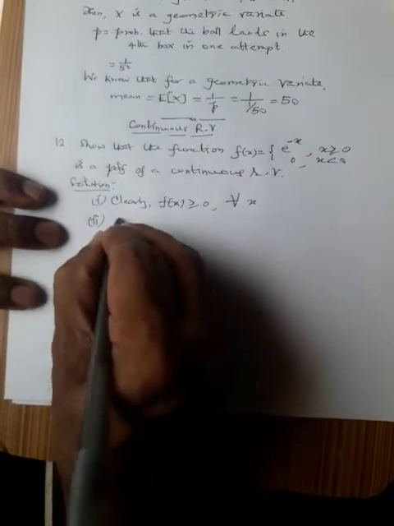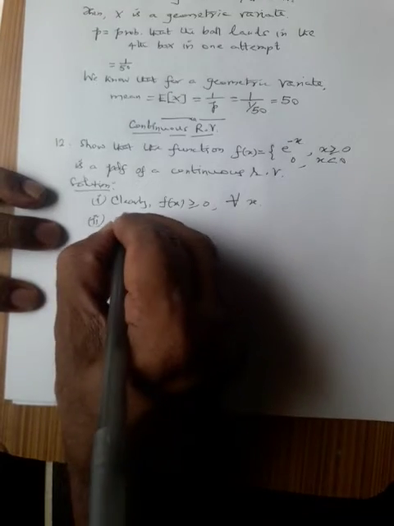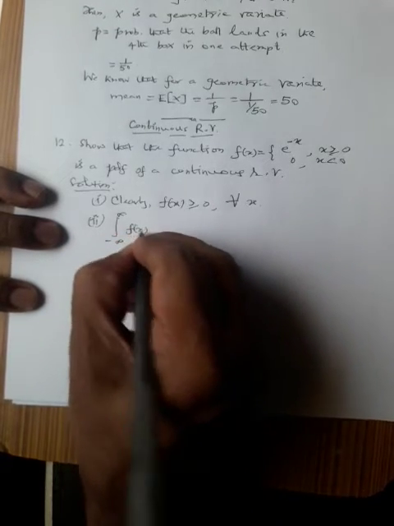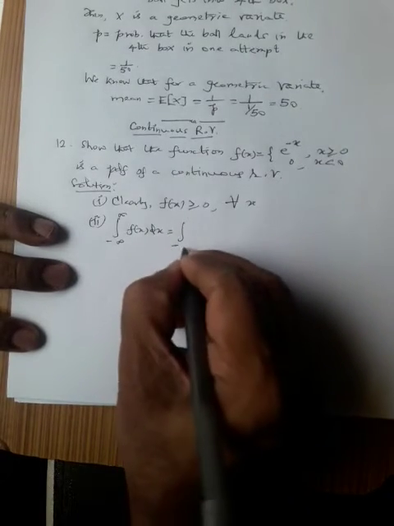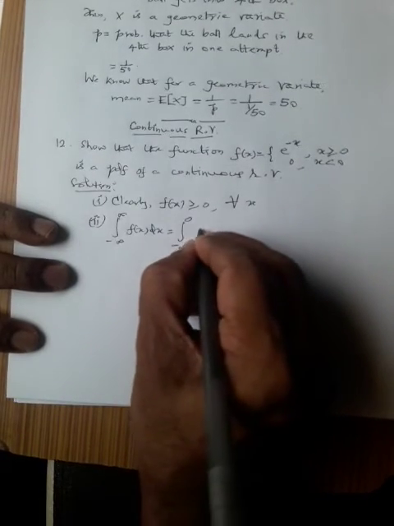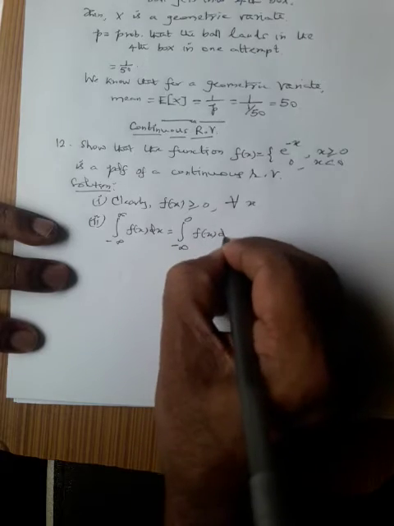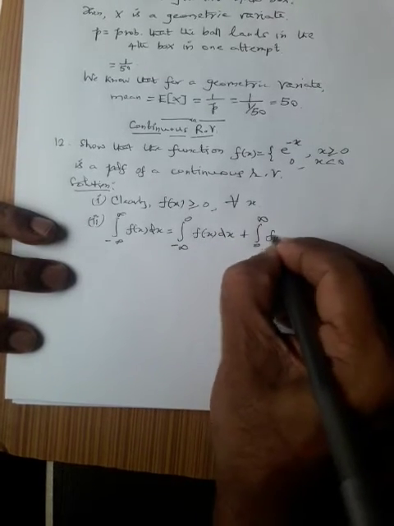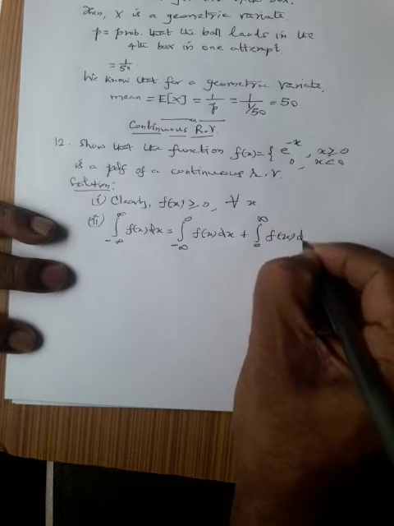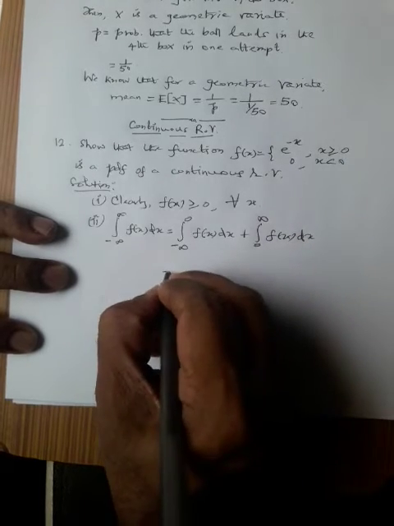The second condition is that the integral from minus infinity to plus infinity of f of x dx must be equal to 1. So this has to be split into the integral from minus infinity to 0 of f of x dx plus the integral from 0 to infinity of f of x dx. We have to split into two integrals.